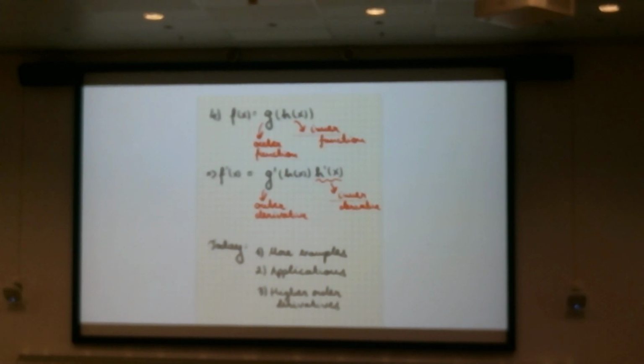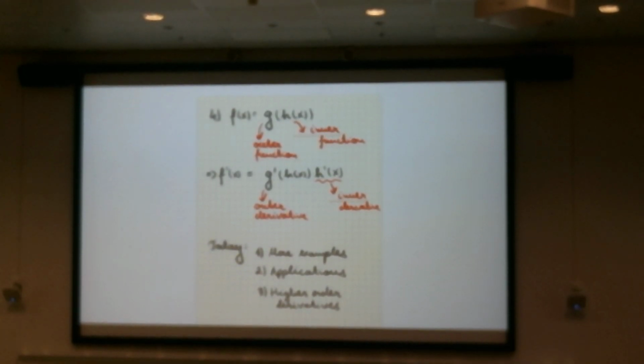And then how to take the derivative of such a function? Well, you do it in turn. So you first take the derivative of the so-called outer function, the g function, then you keep the original inner function inside, and then you multiply it by the derivative of the h function.